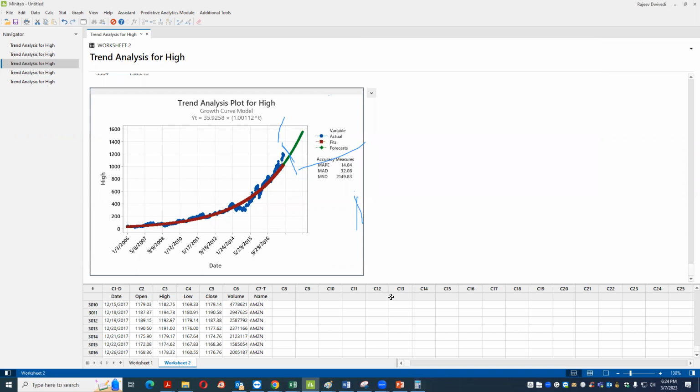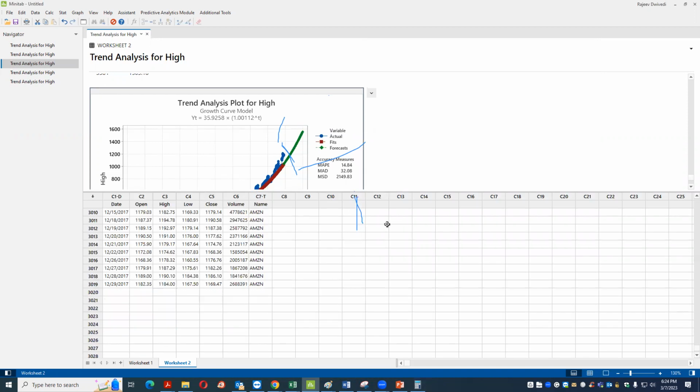Now there are other methods called averaging methods and smoothing methods. Those are useful when we have a short period of data, like a few data points.